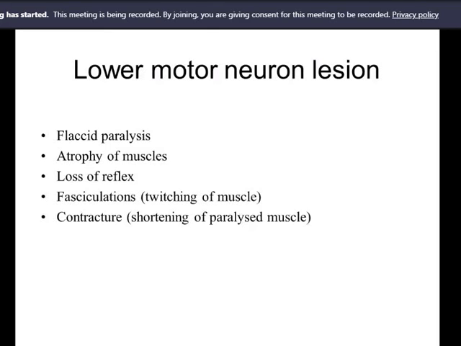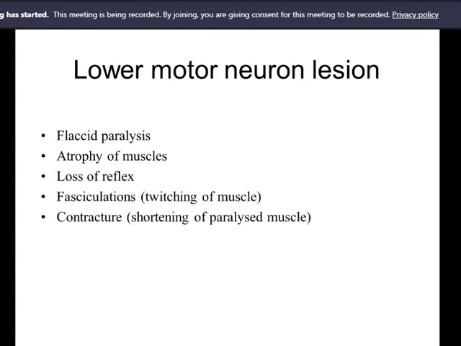For reflex, the muscle contraction should be there, because reflex means the sensory path is all right, center is all right, motor path is all right, and effector organ is all right. So effector organ is not there in case of lower motor neuron lesion. So there will be flaccid paralysis. Am I clear? Yes, sir.